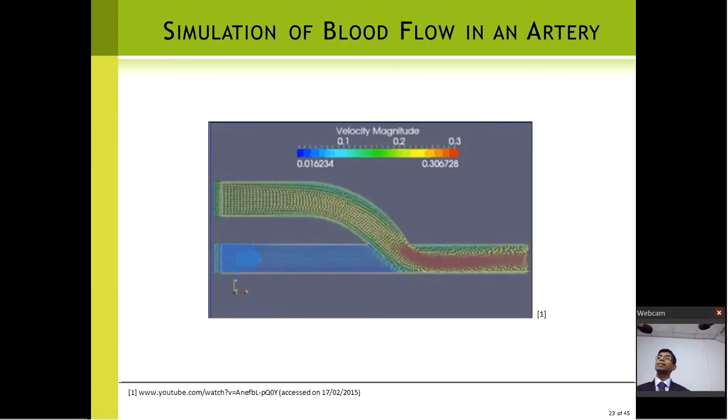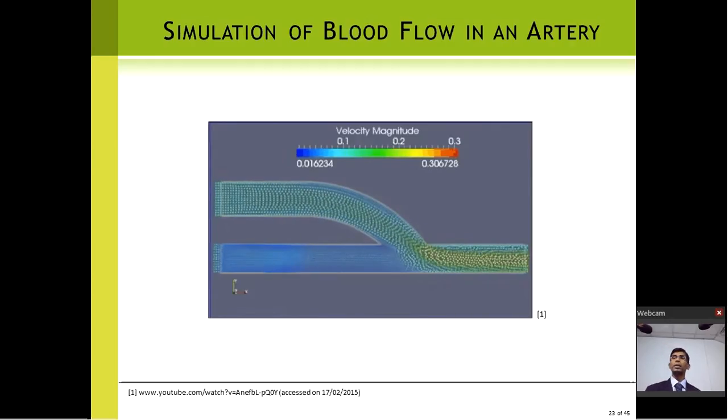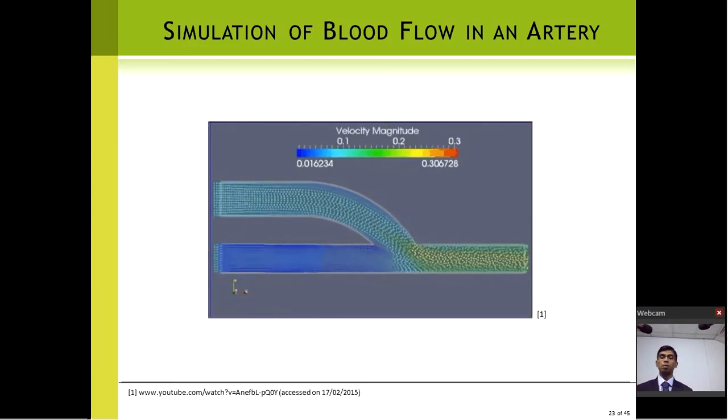Not only on that scale, we can even simulate blood flows in capillaries, at micro scale. There is a whole lot of research going on blood cells, particularly in Australia, Singapore. They try to simulate in nanoscale how the fluid will flow and deform.